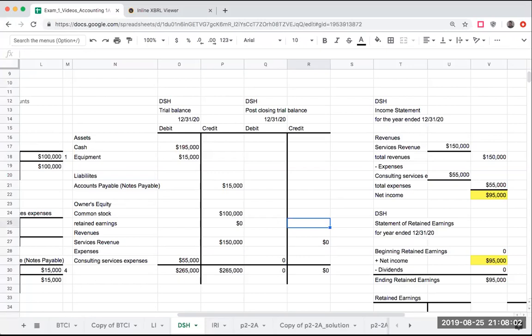Revenue and expense accounts show what we earned or expended during a period, and at the end of that period, it goes into retained earnings.